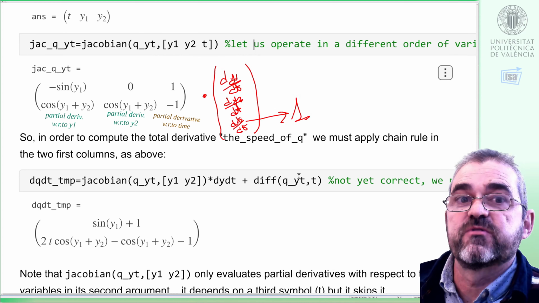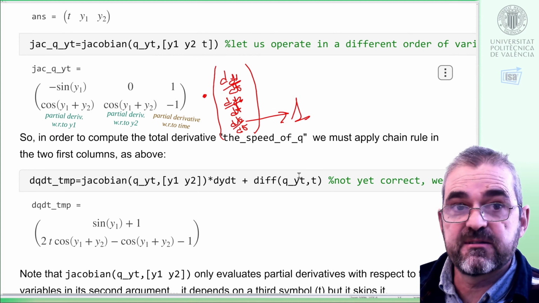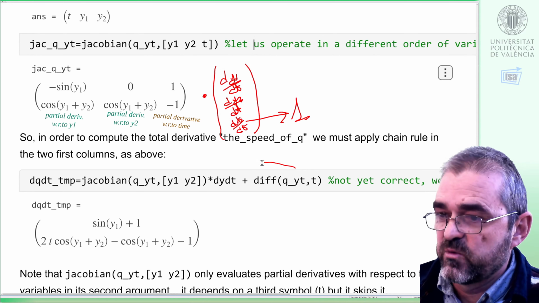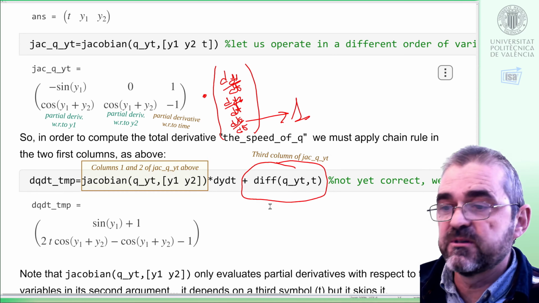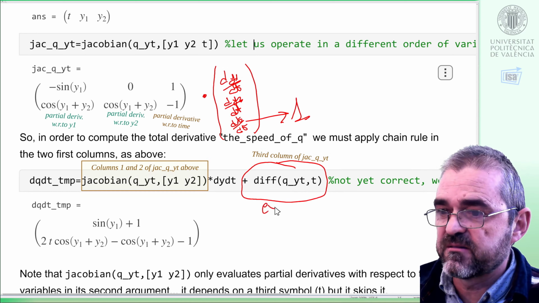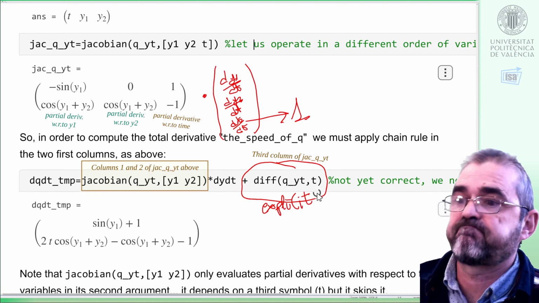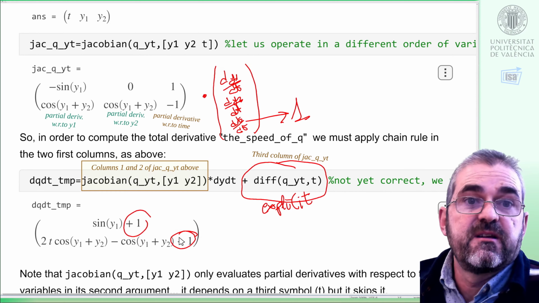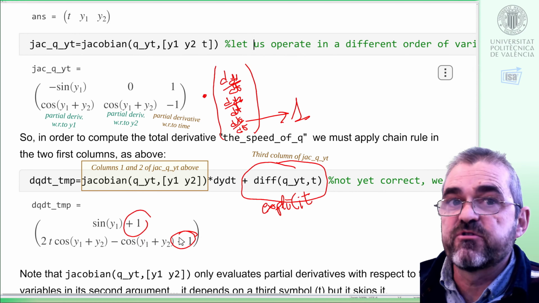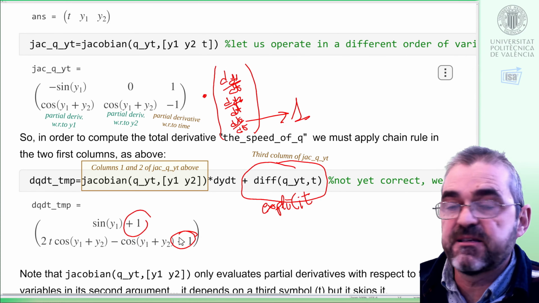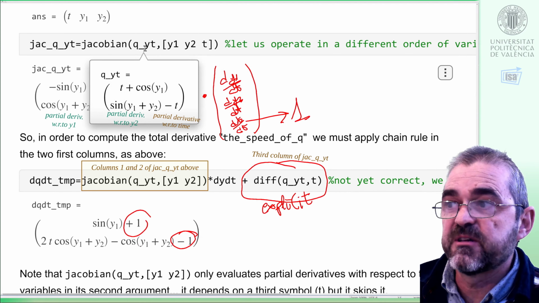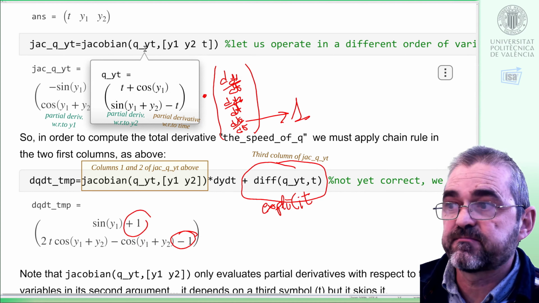So it is usually separated in formulas. It's just chain rule, but that special thing, which is this, we call the explicit term, in the sense that this 1 and minus 1 is just the normal contribution of the letter t in this expression. So we call that the explicit term, the partial derivative of this thing with respect to letter t.